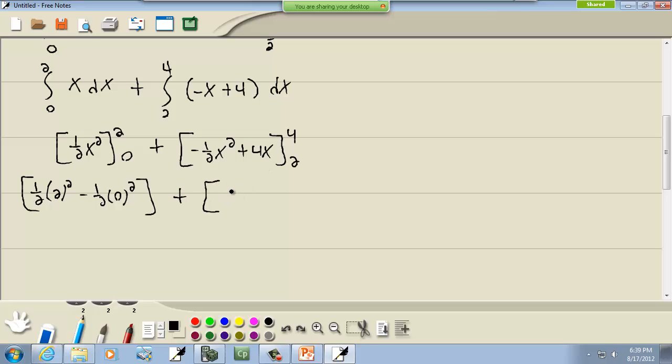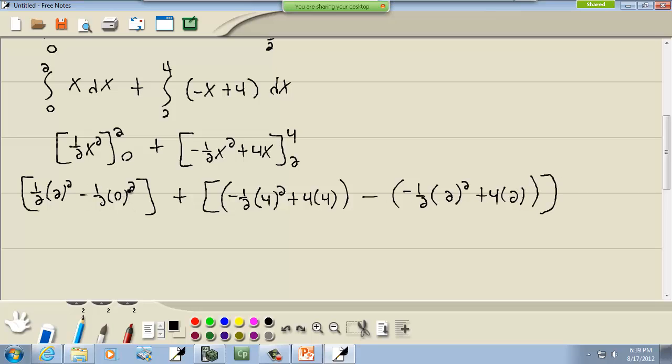I'm starting to relax after that problem. Negative 1/2 times 4 squared plus 4 times 4 minus, and then we'll plug in a 2. So we got negative 1/2 times 2 squared plus 4 times 2.